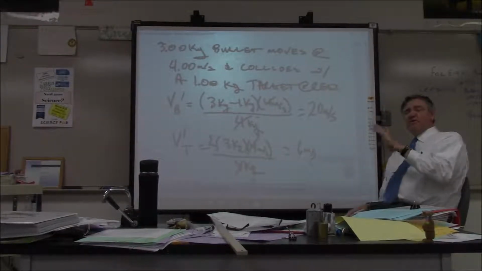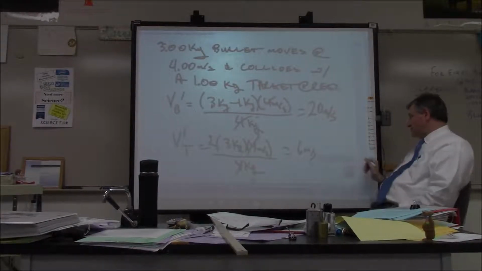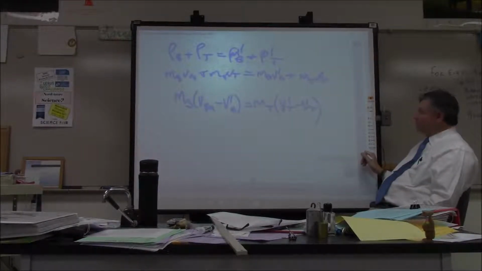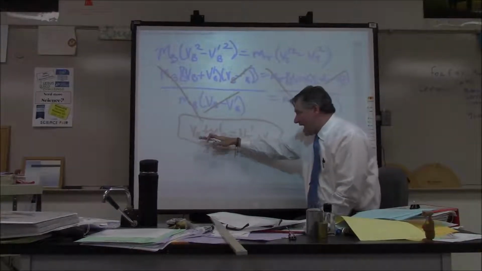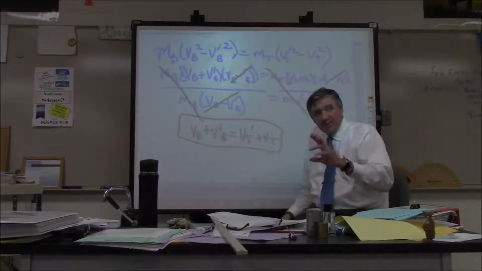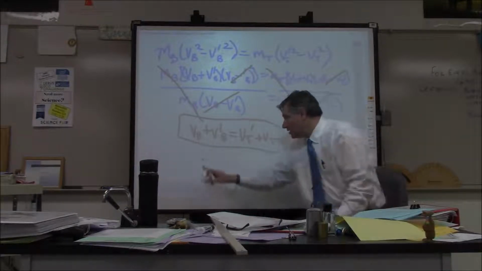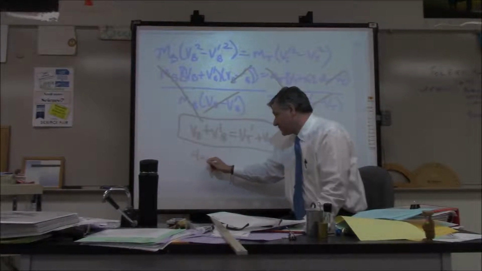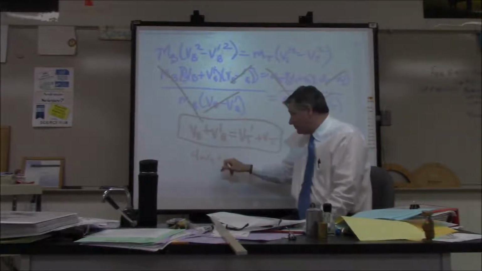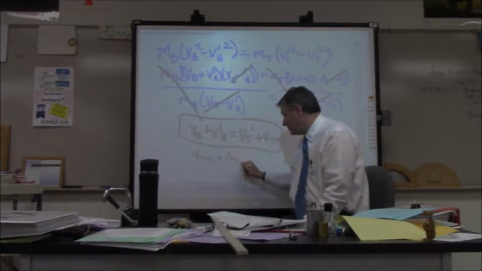One of the things that you can check to see if this is reasonable, if you go back to where we ended up here, we said that when we add together the velocities before and after, the two sides should be equal. So we said the velocity of the bullet was 4, right? The new velocity of the bullet was 2.